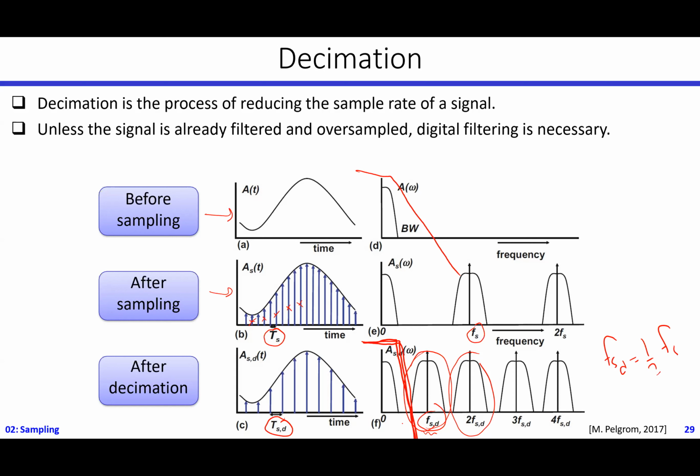That's why, to gain from the advantages of the digital domain, I first oversample initially, and then decimate my signal to get rid of some of the original samples, to get the lower sampling rate that I wanted in the first place, but didn't use just because I would have required a higher order anti-aliasing filter.